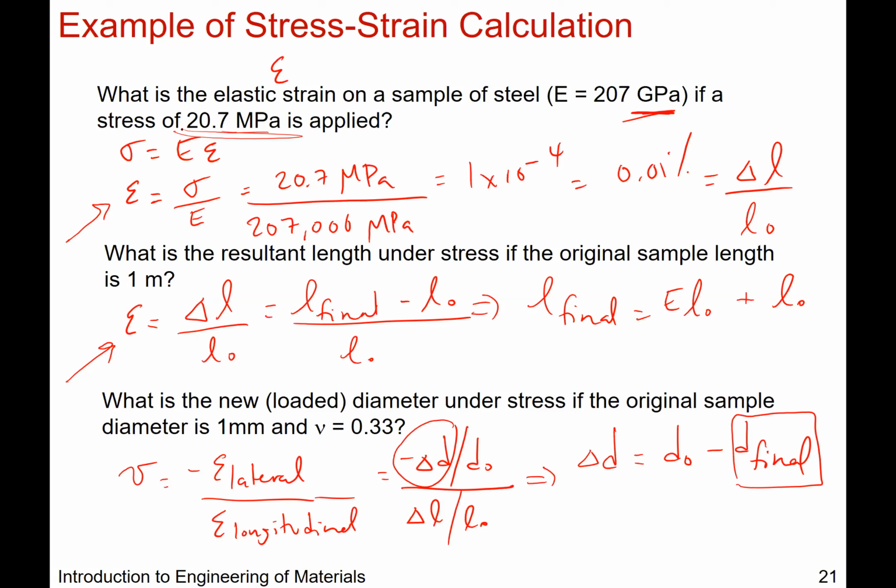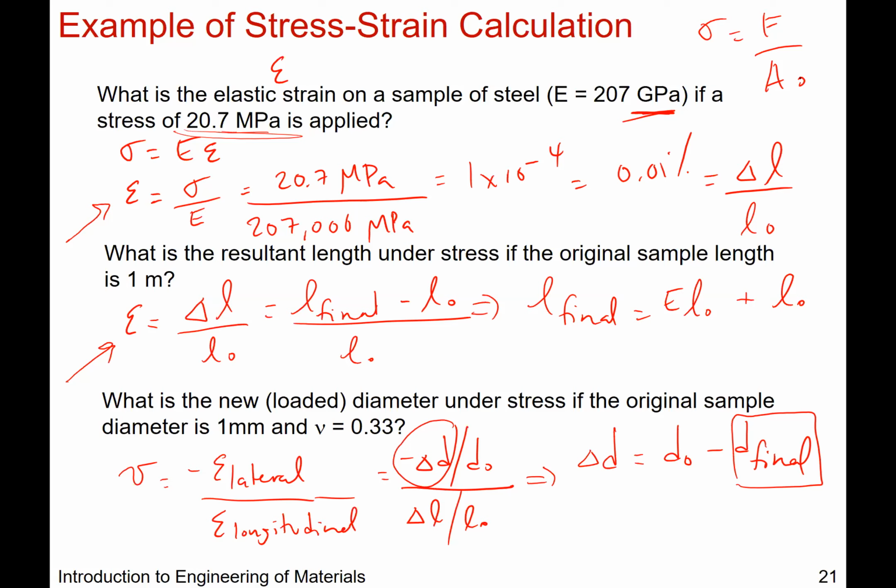If you're given load instead, let's say the force that you're applying to this material and the initial cross-sectional area, A naught, you can compute what sigma is if you're not given sigma. So in this particular question, you're given sigma. But if you're not, you have to be given information about the load, F, and the original cross-sectional area. And there you can compute the stress, okay?